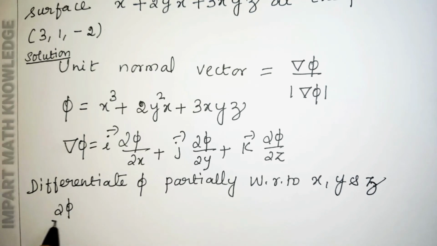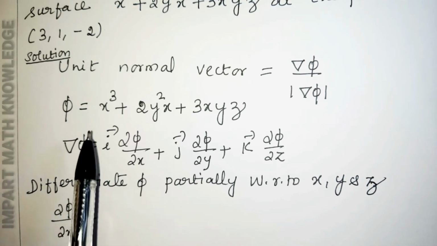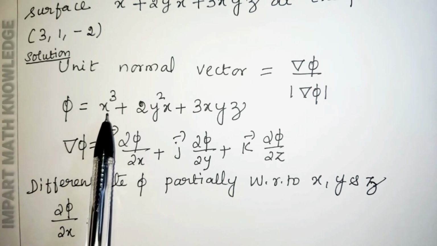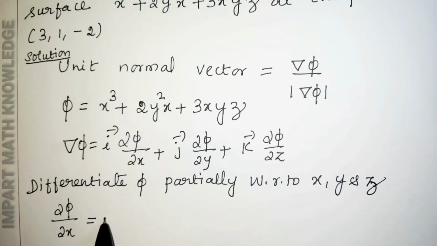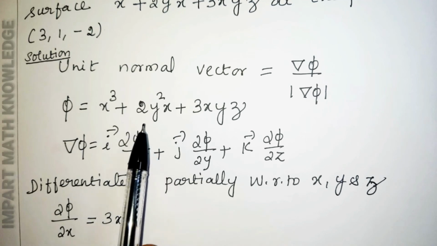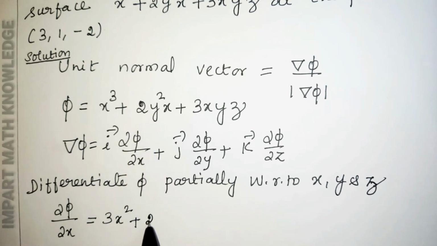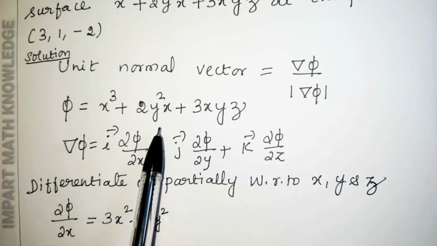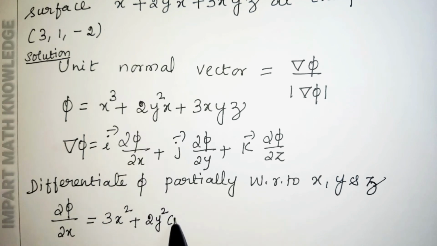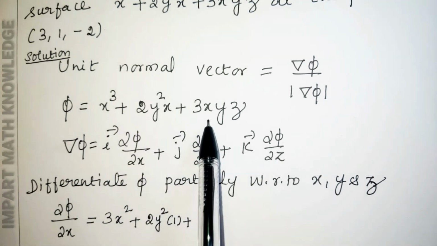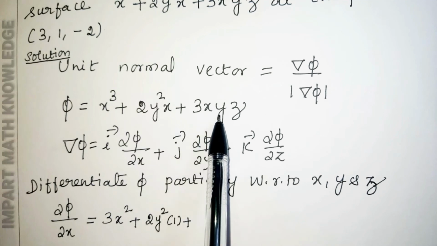We have to differentiate phi partially with respect to x, y and z. Dou phi by dou x. Differentiate phi partially with respect to x. Here the first term is x cube. Differentiation of x cube is 3x square, plus second term 2y square is there, so you write as it is. Differentiation of x is 1, plus third term 3xyz is there.